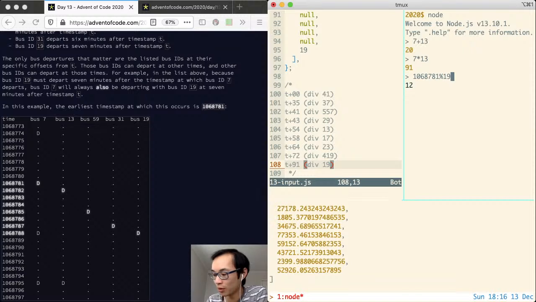I want a number T when mod 41 is 0, when mod 37 is 2, when mod 557 is 513, when mod 29 is, and I feel like this loops around, right? 14, so I want 29 minus 14, which is 15. Sorry, I'm using the built-in calculator so you can't see it. I want a number mod 13 equals 11.